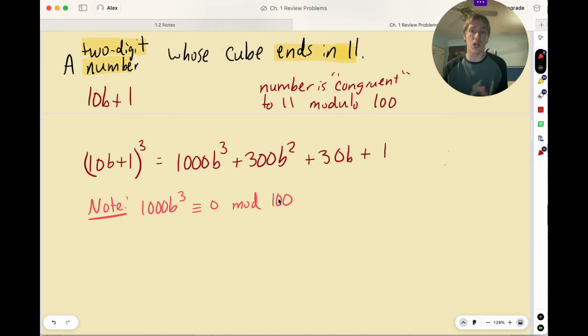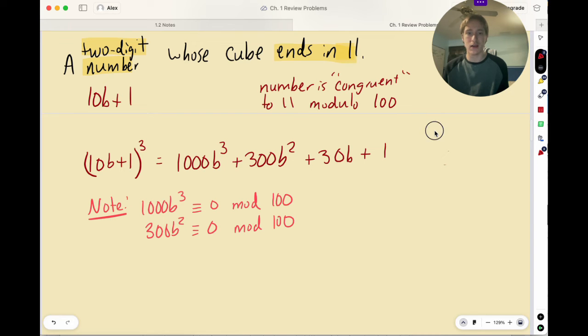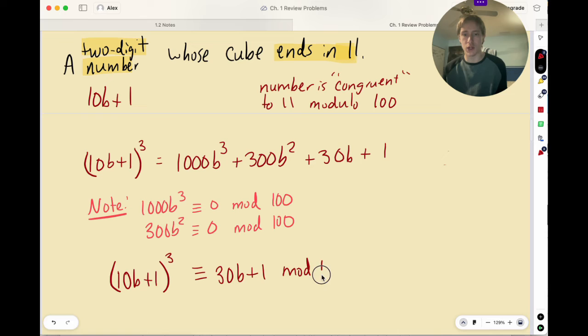And if you divide that by 100, that goes in evenly. Likewise, 300b squared is also congruent to 0 mod 100. So really what we have is a situation in which 10b plus 1 cubed is congruent to 30b plus 1 mod 100.